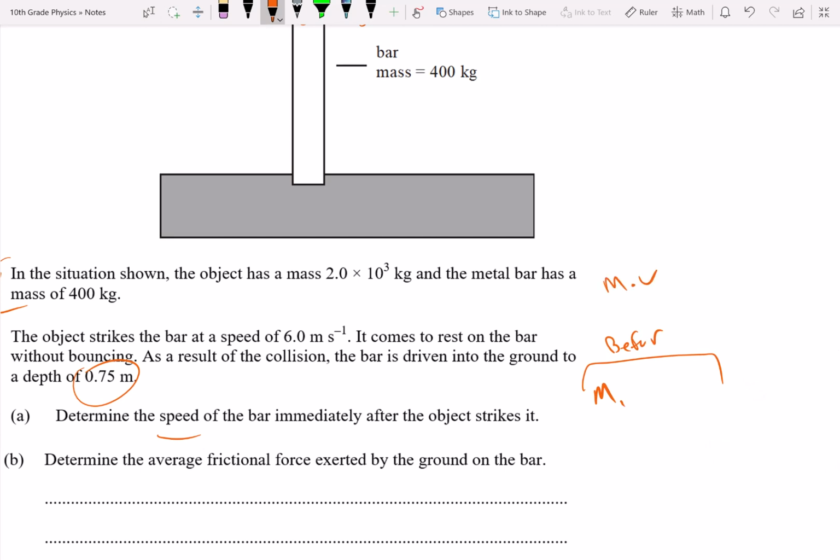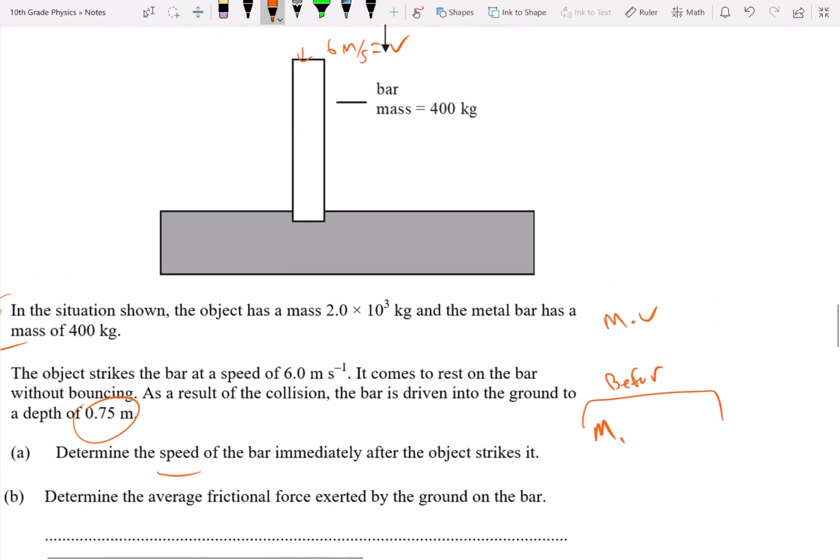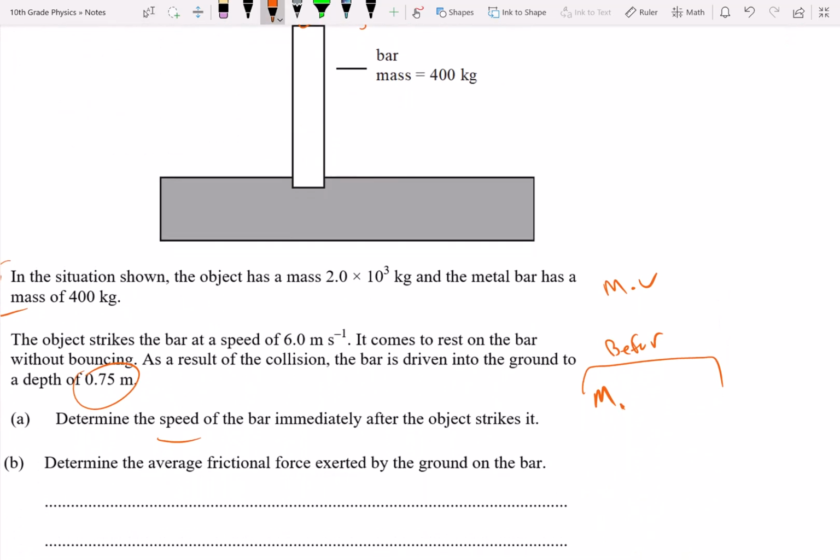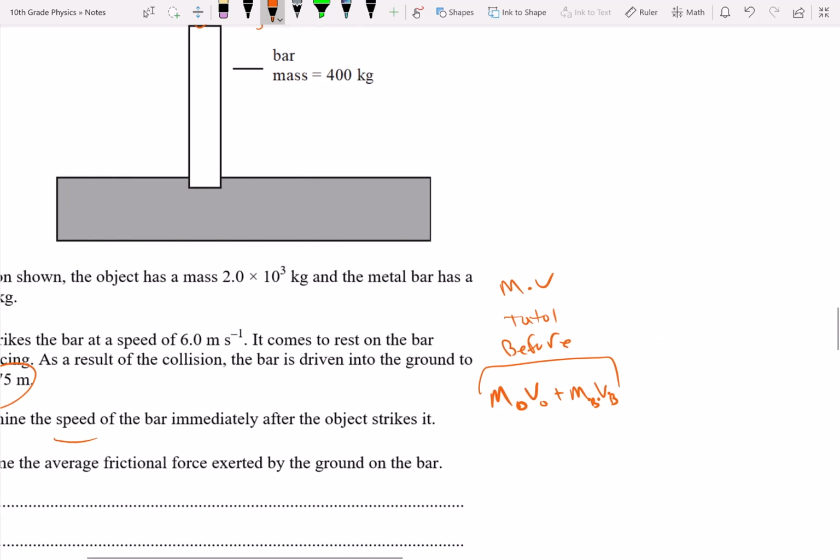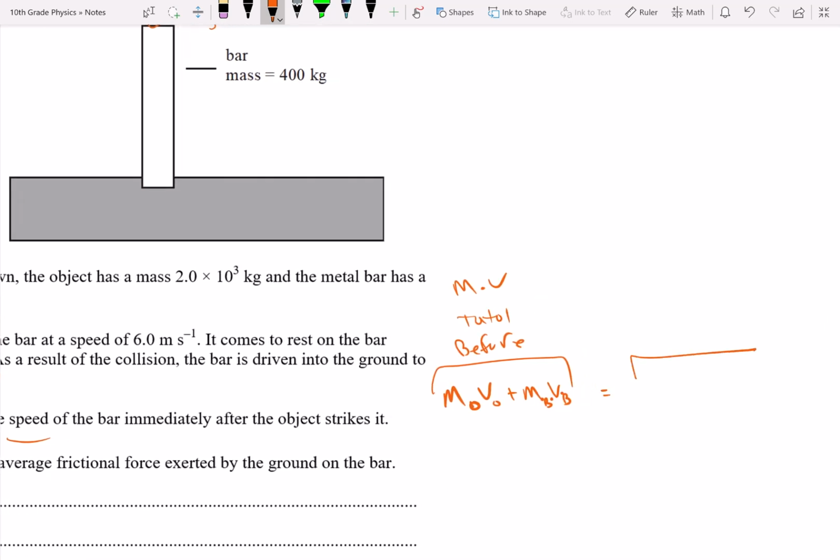The momentum of the falling object before is its mass times its velocity, and this is the mass of the bar times the velocity of the bar, right? You have to think about the whole system. So this is the total momentum before, and it should be equal to the total momentum after.